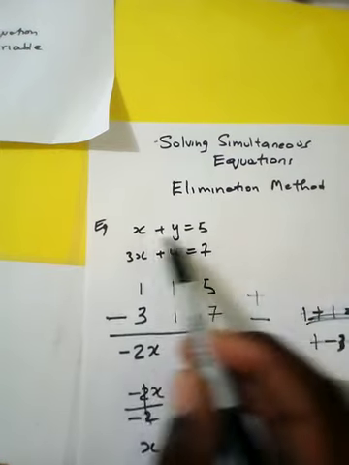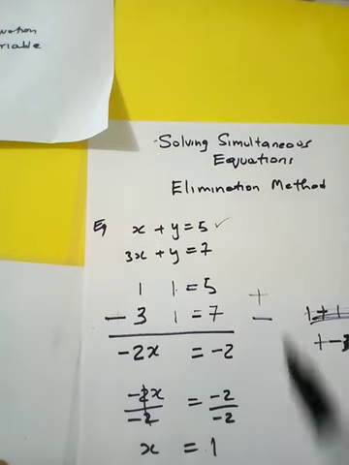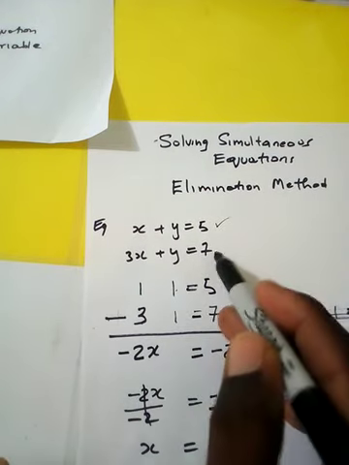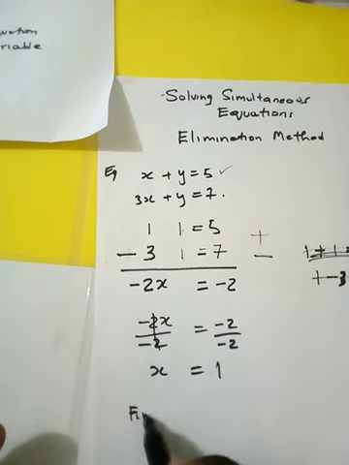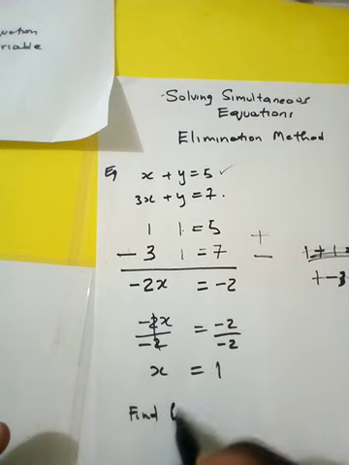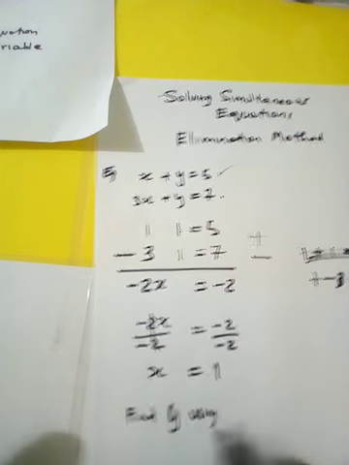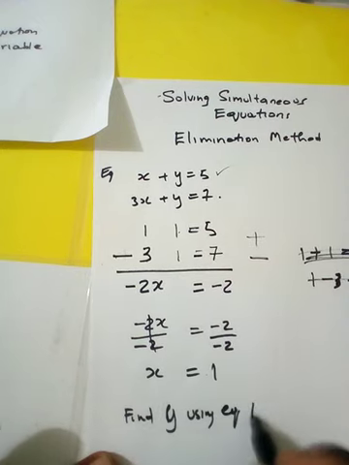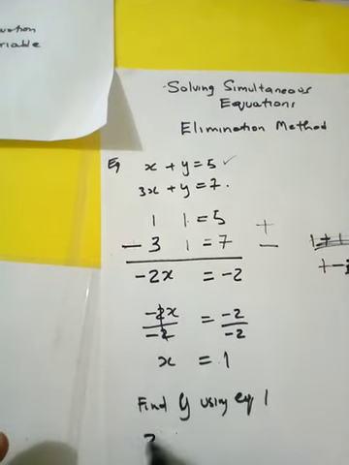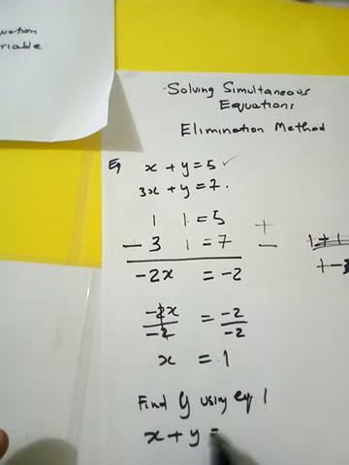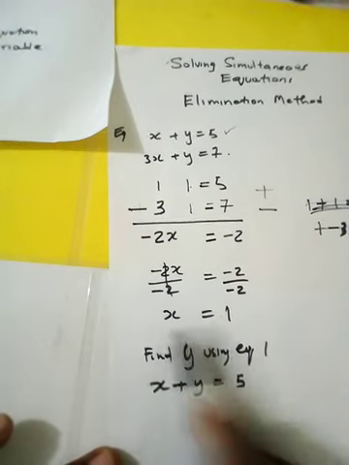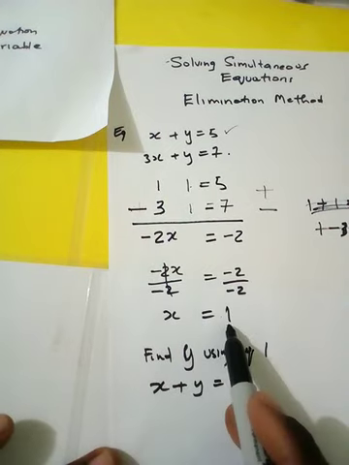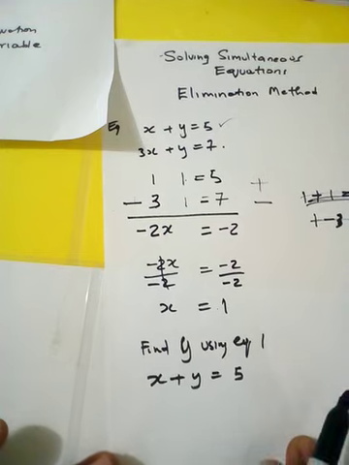I'm going to find y by selecting equation 1. You could have used equation 2, but I think equation 1 will be easy for me, so I use it. So write a statement: find y using equation 1. Write equation 1, x plus y equals 5. Remember we found x above here. That's why simultaneous equations sometimes are long.